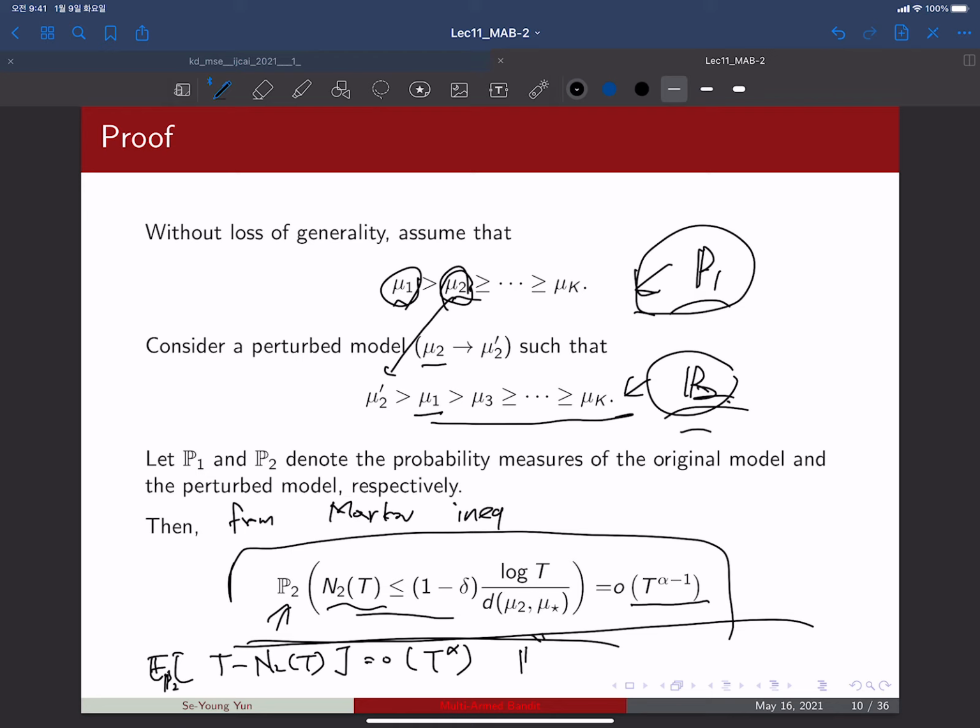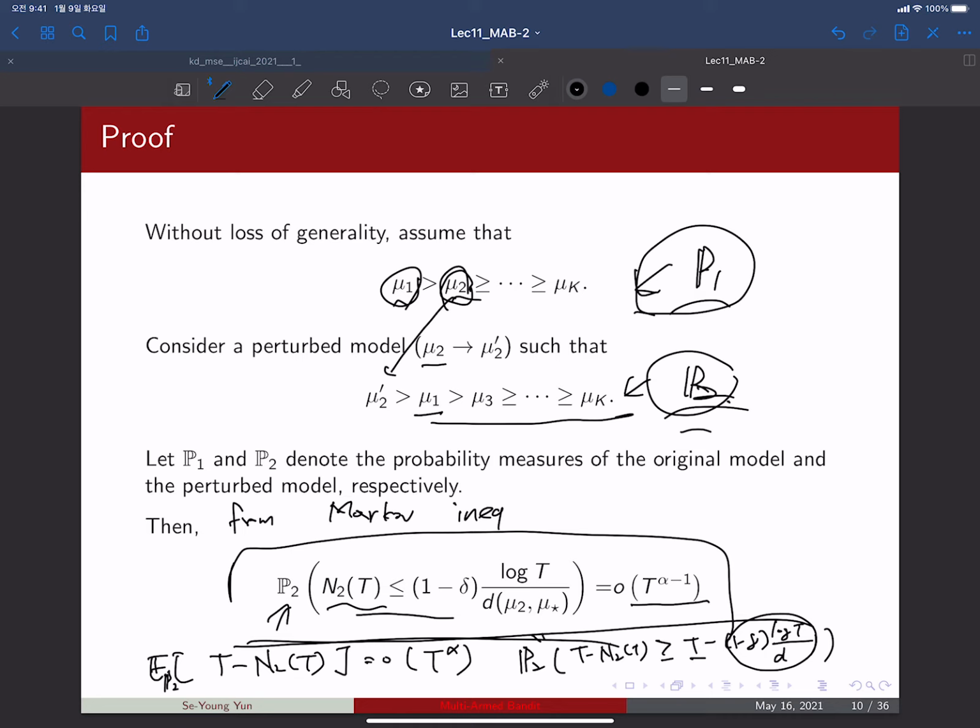This is equal to P2 of capital T minus n_T being bigger than capital T minus (1 minus delta) log t over divergence. This is essentially negligible compared to capital T, and when you apply the Markov inequality, you have this.